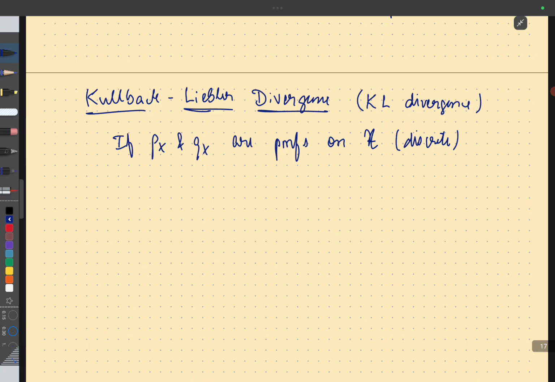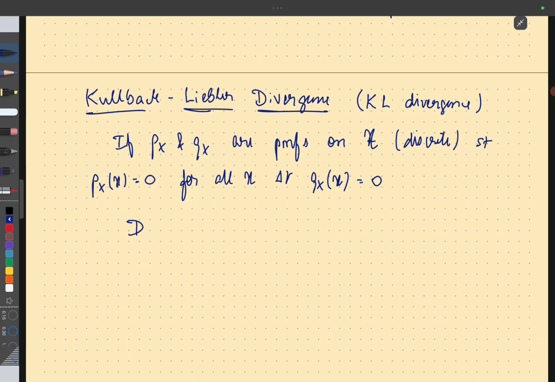I'll require a technical condition such that Px of x is equal to 0 for all x such that Q of x is equal to 0. All right. If there's some symbol for which Q of x is equal to 0, then for that symbol P of x must be equal to 0. Just for mathematical definition. All right.